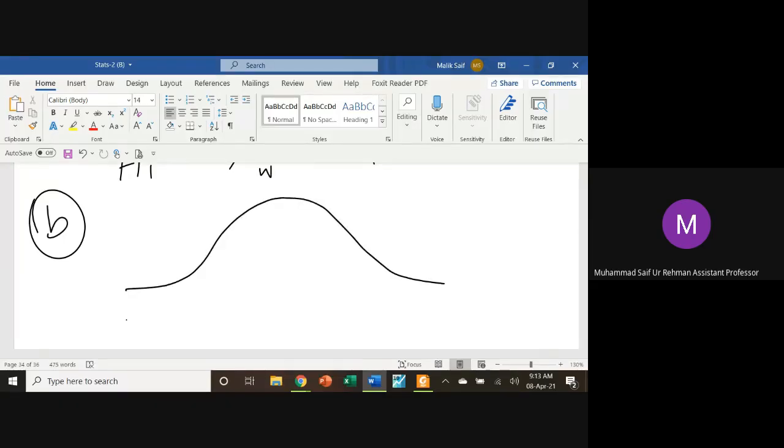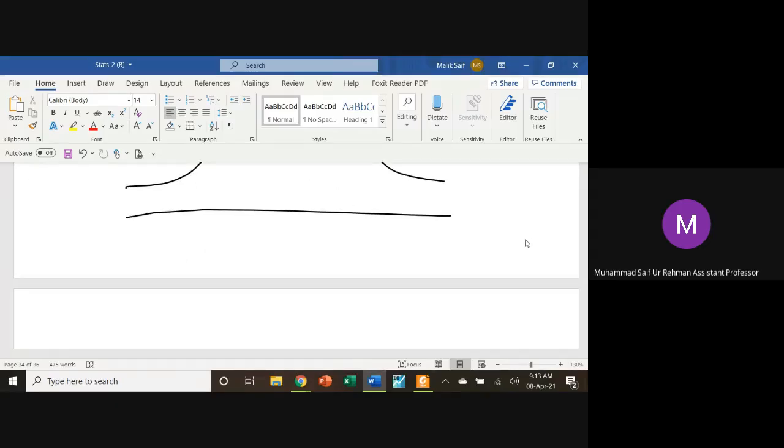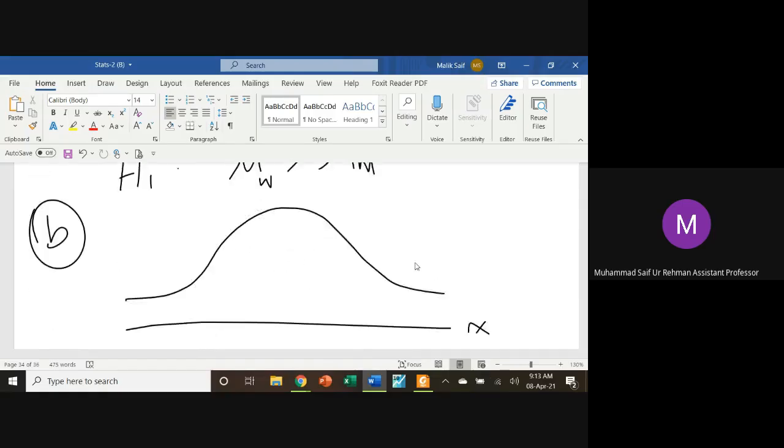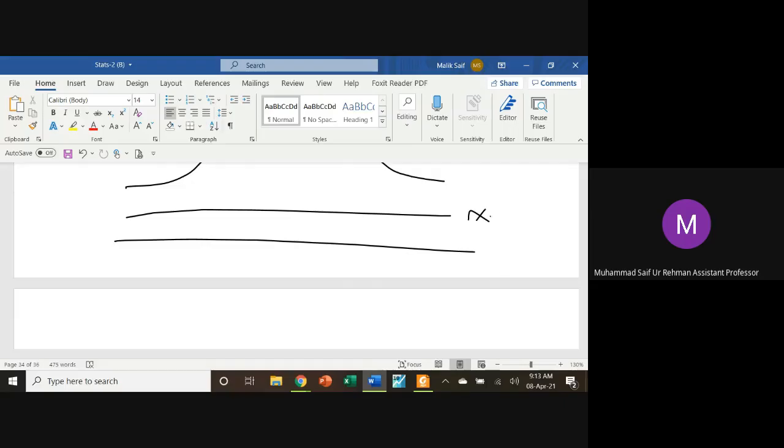So here again you may write down this axis as x1 bar, x2 bar, or you can simply write down z scale. So it's upon you that for your convenience what you are going to write down. So in this case, as you're using mu W minus mu M, here you can write down xW minus xM.